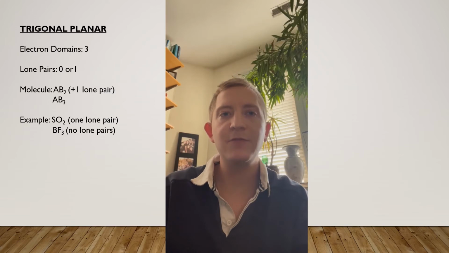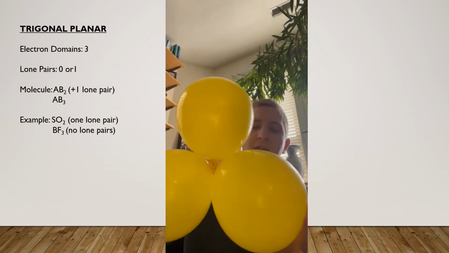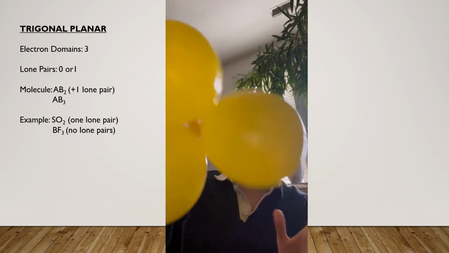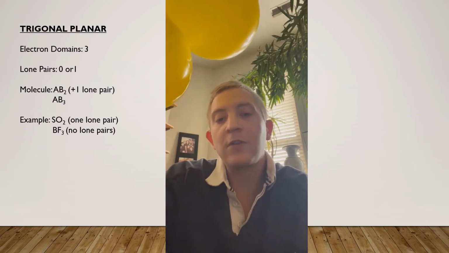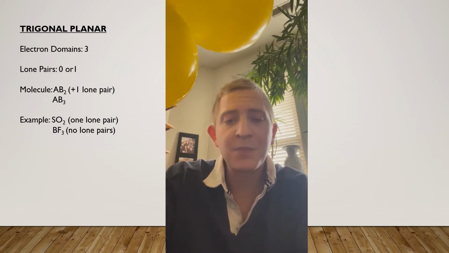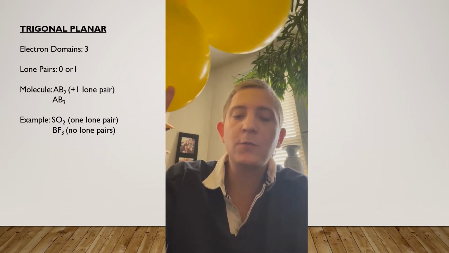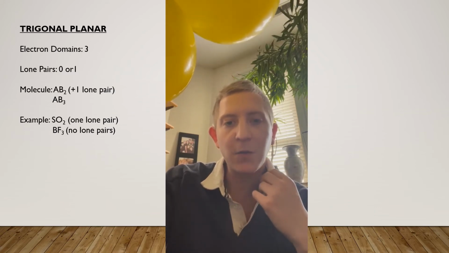The next type of geometry that we're going to talk about is the trigonal planar geometry. Now you see here with this model, we have 3 electron domains. And with this type of geometry, there can be either no lone pairs or up to 1 lone pair. So that means that this type of molecule would either be an AB2 molecule, which would be 2 Bs plus a lone pair, or it could be an AB3 type molecule.